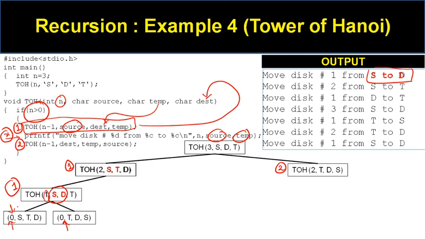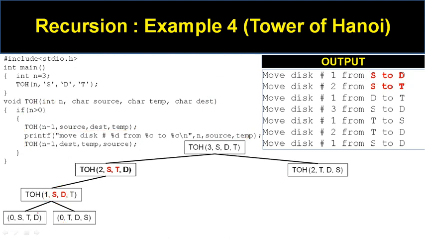Now again come back to the main part, and in the main part it is S and T. Once this whole recursion is over, what will happen?